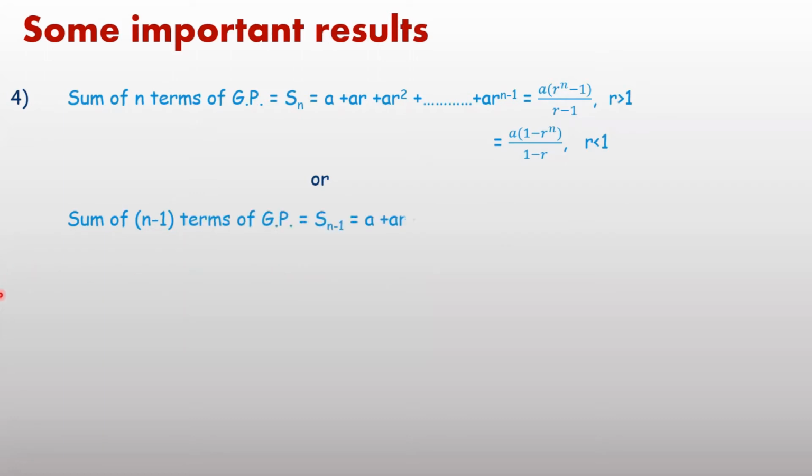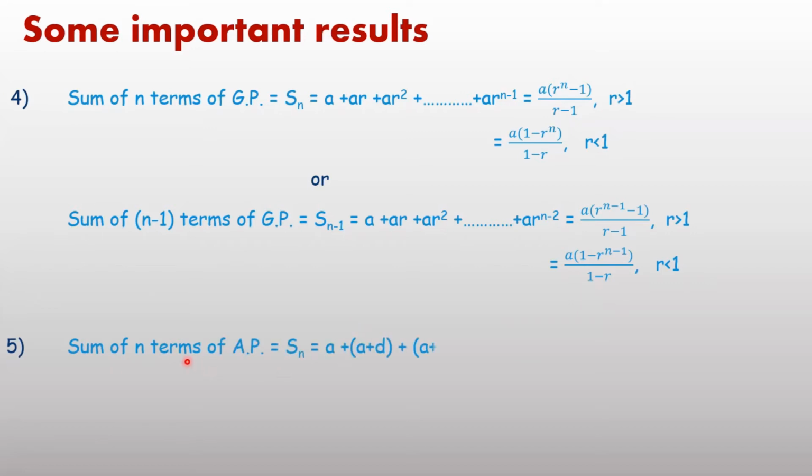If we have to find the sum of n minus 1 terms of a GP, then in place of n write n minus 1: a(r^(n-1) - 1)/(r - 1), or a(1 - r^(n-1))/(1 - r).